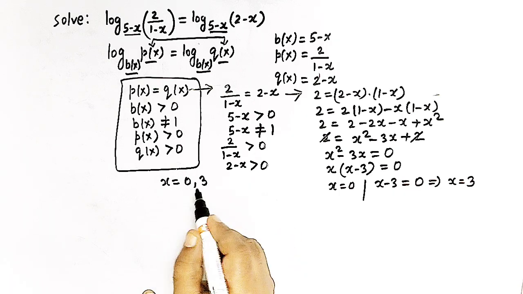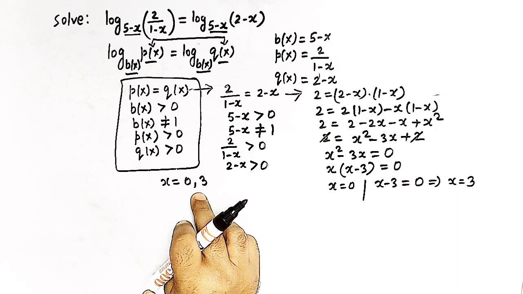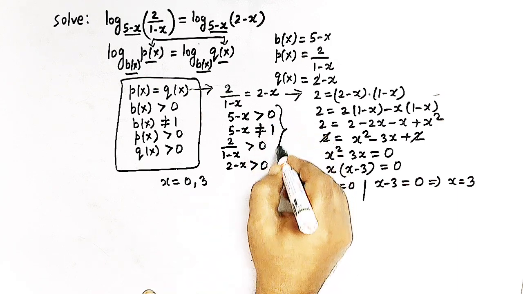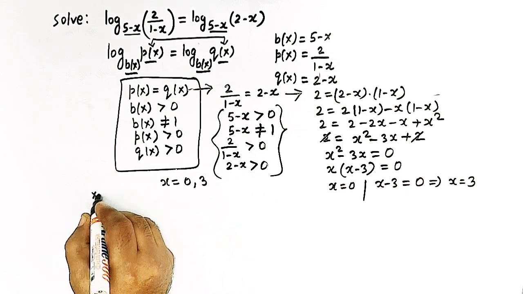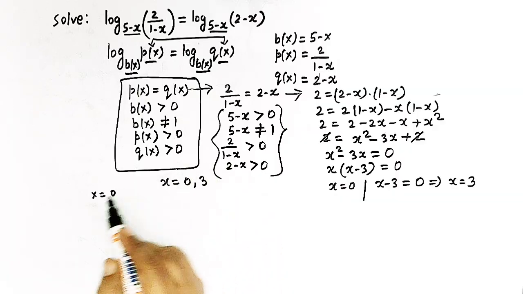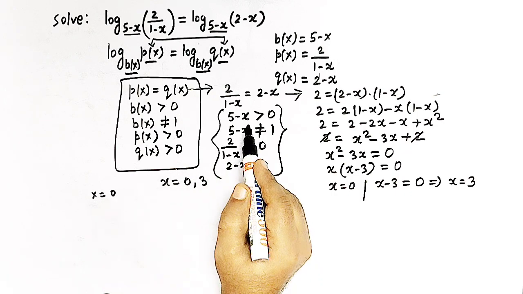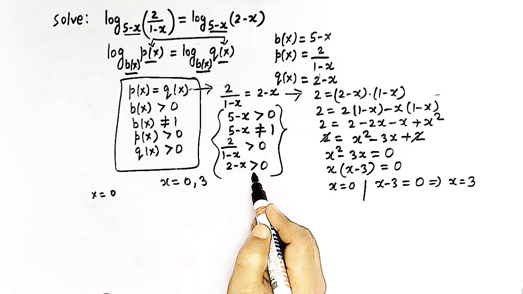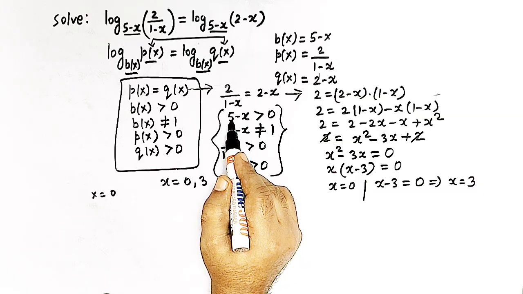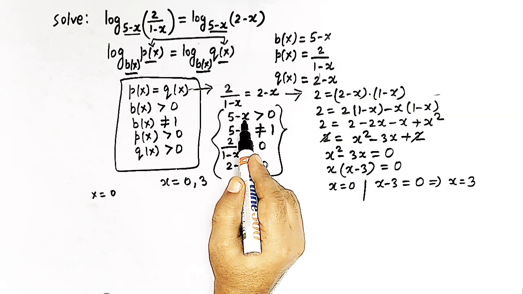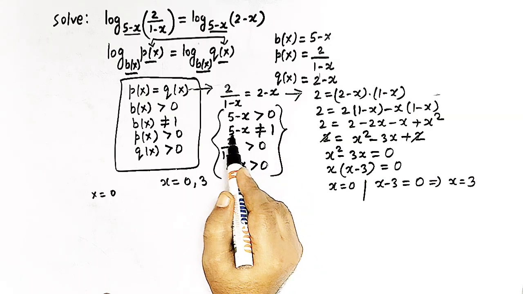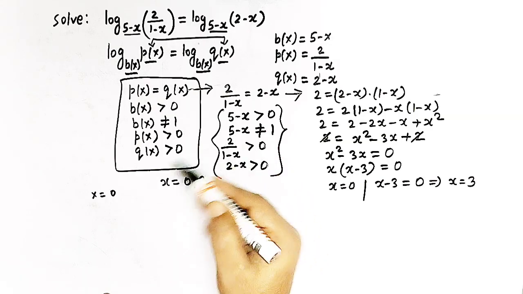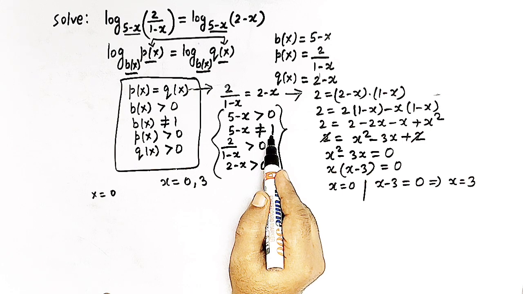Now let us see whether these values satisfy these conditions, right? So now let us first consider x is equal to 0, and now if we take x is equal to 0 in these conditions, then we can see that here we have 5 minus 0, that is 5, and 5 is obviously greater than 0, and here we have 5 minus 0, that is 5, and 5 is not equal to 1.